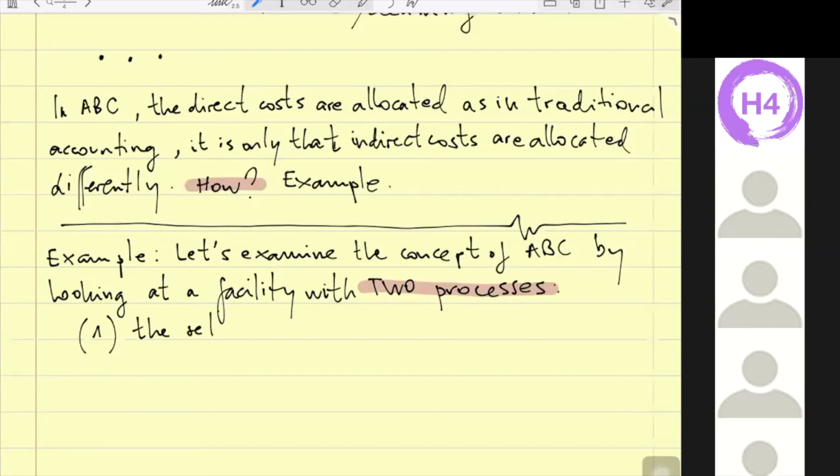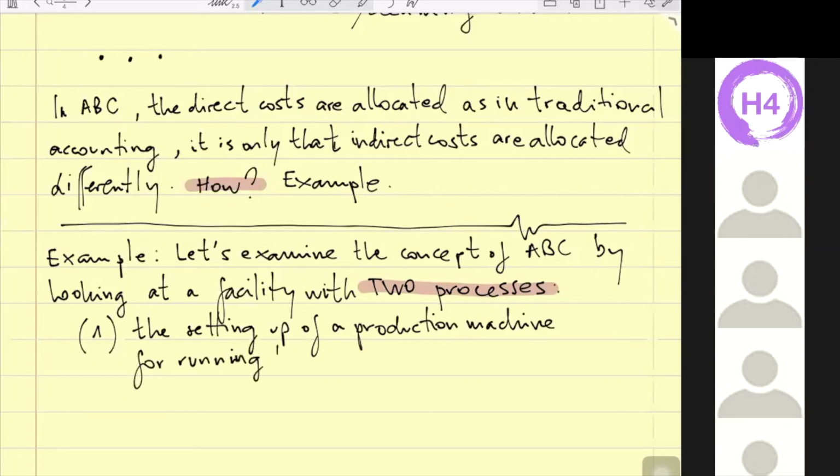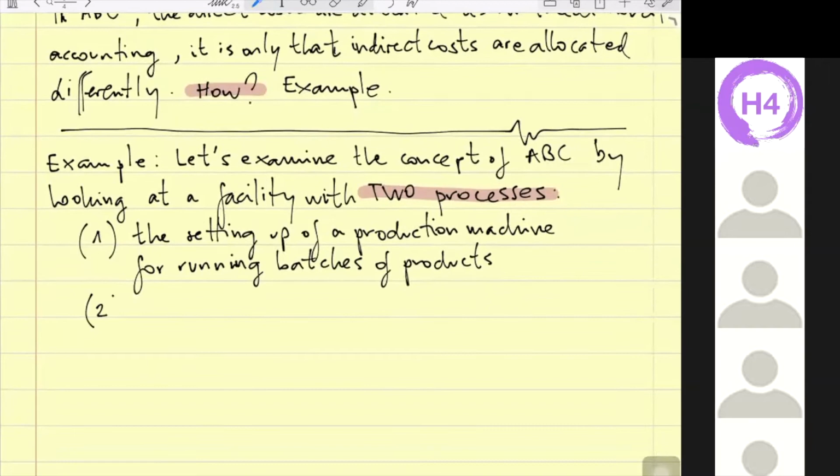The two processes or activities are: one, the setting up of a production machine for running batches of products, preparing the machine to run a product, and two, the actual production of the products.